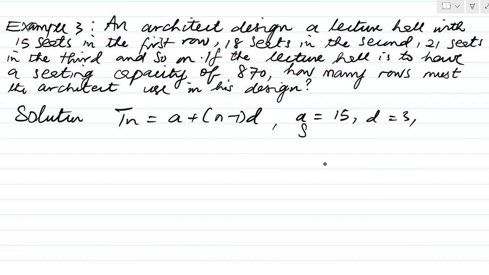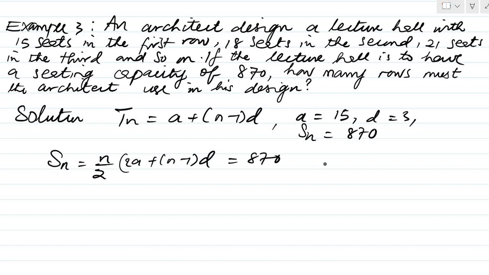Then the total sum of the seating capacity is 870. So that means that Sn, using the formula for the sum, Sn is equal to n over 2 bracket 2a plus bracket n minus 1 times d, and this will be equal to 870.